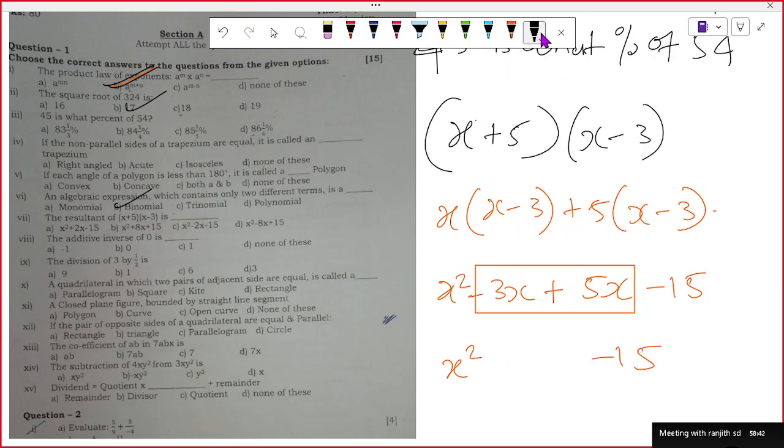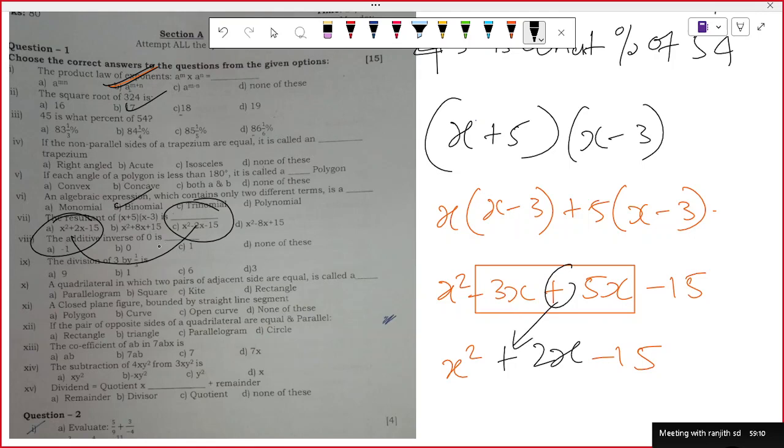Okay. x square, where is minus 15? It's option A and option C. Can you see plus 2x and minus 2x here? Which is greater, 3x or 5x? 5x, so plus.